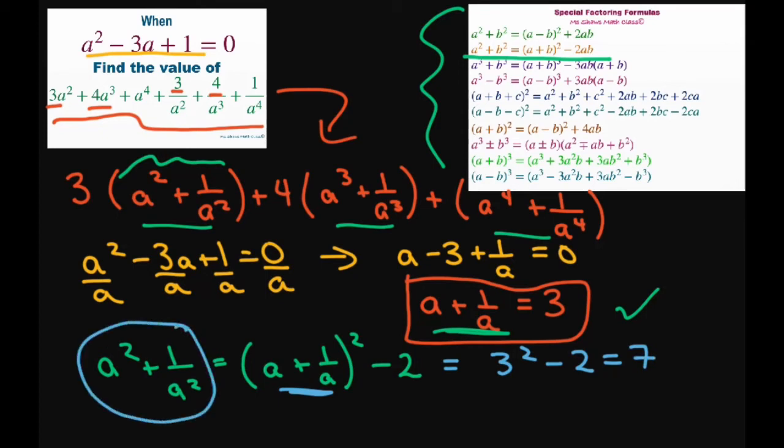And I'm going to rewrite them down because it's going to take a lot of room. Now that's what we're going to do with all of these: use our formulas and try to get something like this so we can substitute in our 3. The next one we need is a cubed plus 1 divided by a cubed. So we want to write this as a plus 1 divided by a, cubed, because we know this is 3.